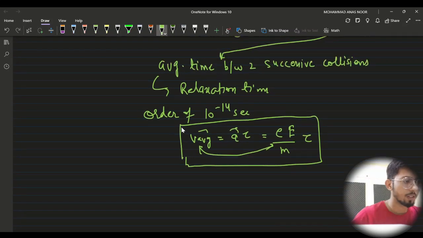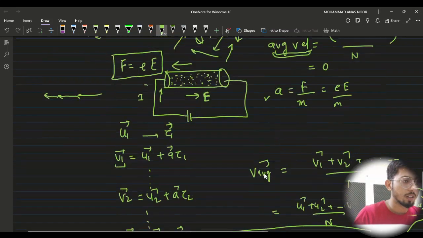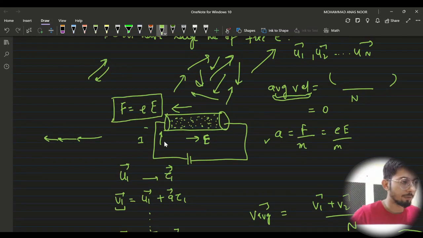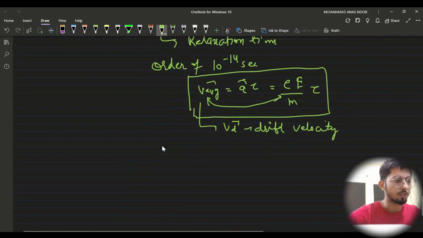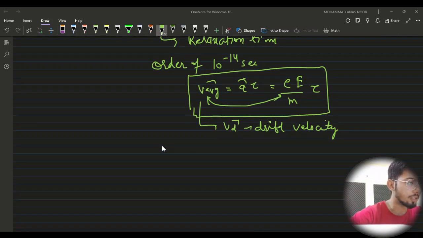This V average is called VD, which is drift velocity, because they kind of drift. The electrons are not getting any way to move directly from one end to another. They are drifting in small successive steps from here to here. That's why this is called drift velocity, which is eE tau upon m. You may get questions from it. Alright, very important formula.